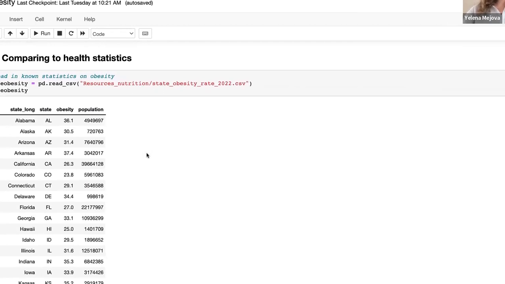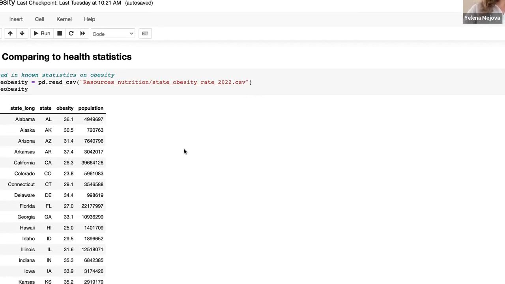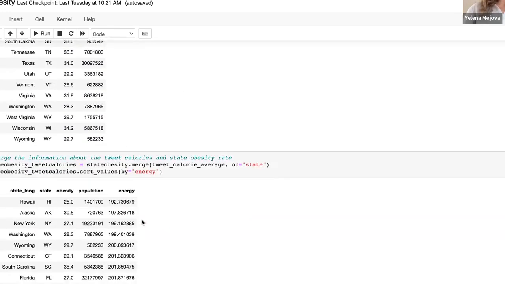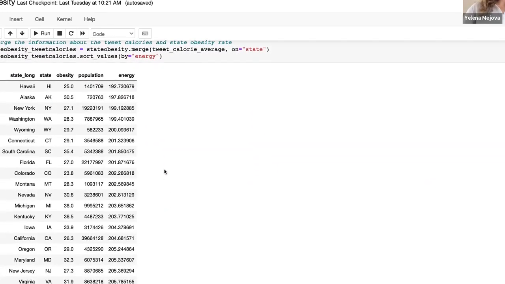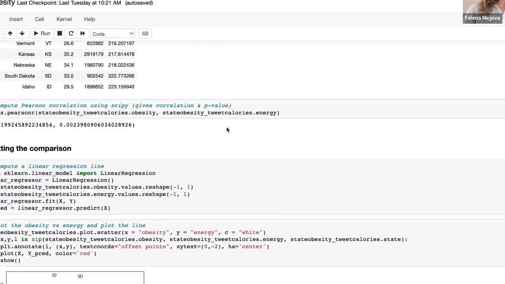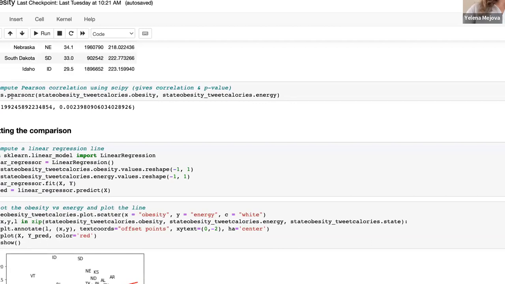Luckily, we have all kinds of health statistics about different states. We read them in. Even the census has some of these. So we have obesity rates in different states. We join them together. So now we have energy and obesity, and it's super easy then to do some kind of correlation between the two sets. And we have some solid correlation.